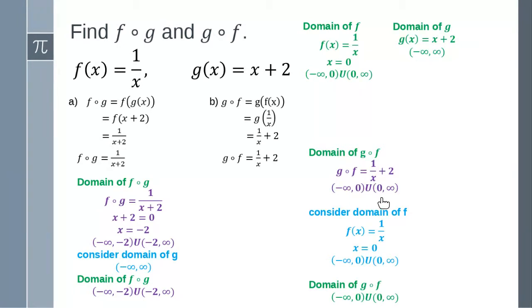Now let's consider what the domain is of f. Again, the furthest in, the domain for f is negative infinity to 0 union 0 to infinity, so they share the same answer. So the answer for the composite is negative infinity to 0 union 0 to infinity, okay?